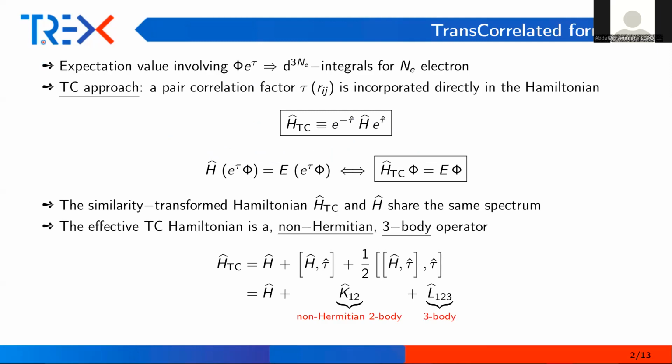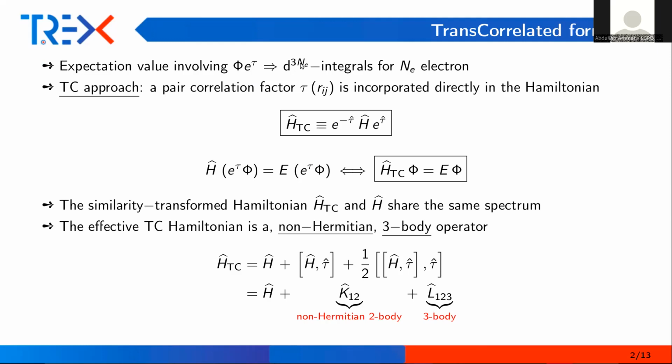If we incorporate the correlation factor directly in the CI wave function, we end up with a variational problem. But the price to pay is that the evaluation of the matrix elements involves 3NE dimensional integrals, where NE is the number of electrons, to calculate, for example, the matrix elements of the Hamiltonian.